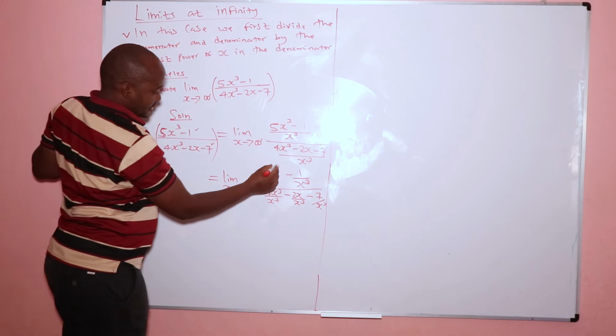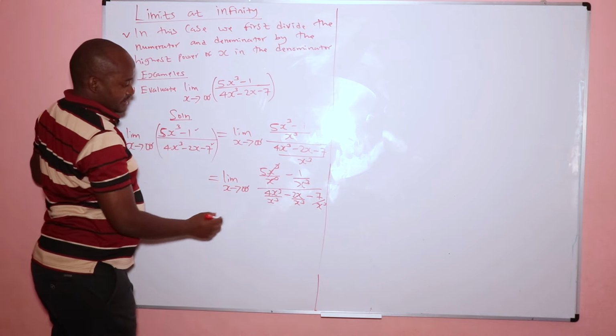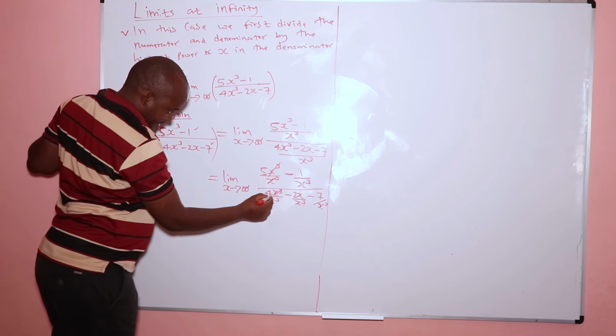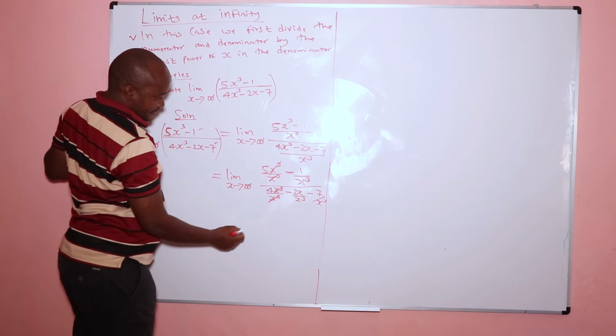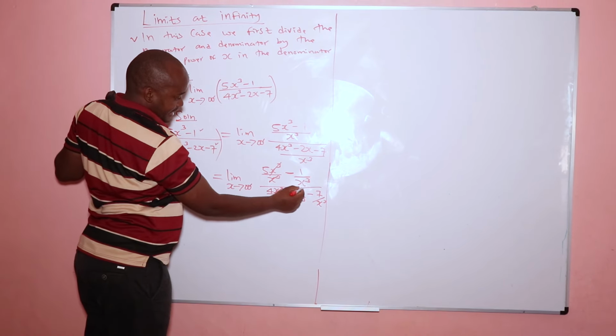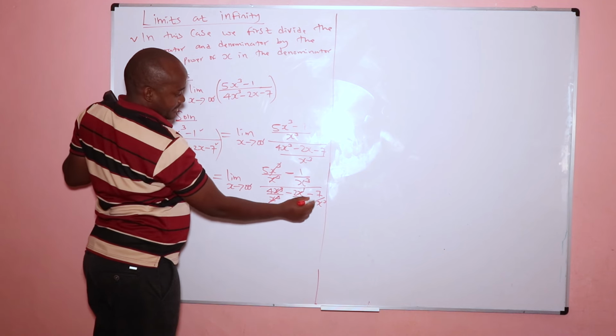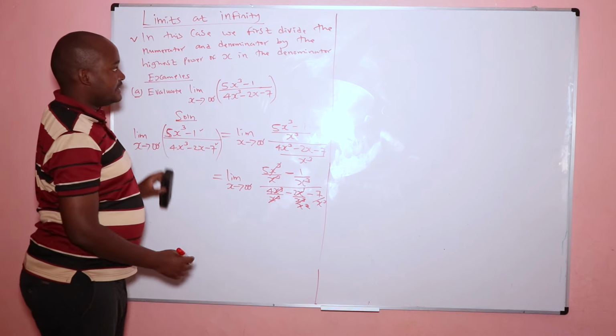So you realize that this will cancel in that one. So for this one, it will remain the way it is. You simplify, this will go in that one. So by x here we get 1, by x you get x squared. The other will remain the way it is.